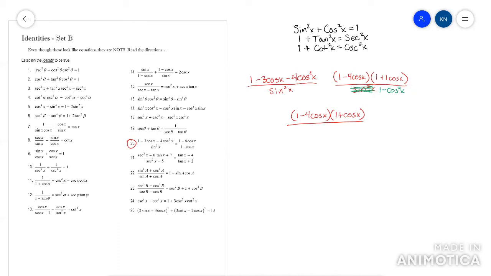It's a difference of squares. 1 plus cosine, 1 minus cosine. The reason you want to factor that is because now these guys cancel, and you're left with 1 minus 4 cosine over 1 minus cosine, which is what they wanted, and I would be done. Okay, let's move on.